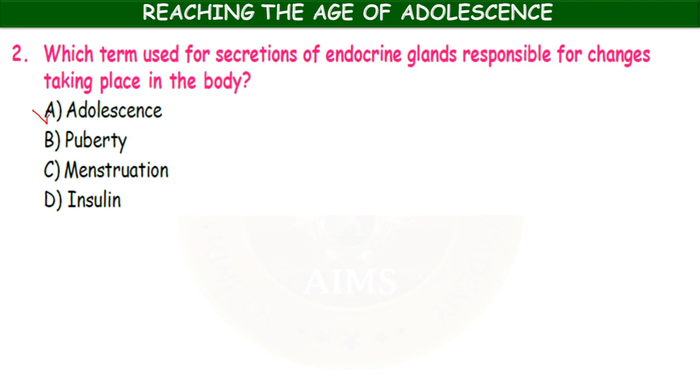Here the puberty appears at the age of adolescence only. The growth of hairs at the pubic region is called the puberty stage. So the answer is adolescence.